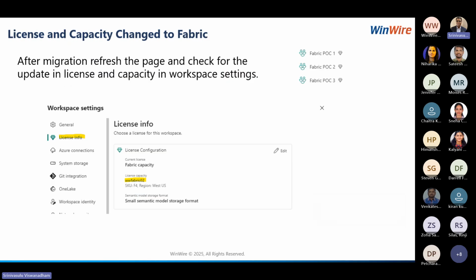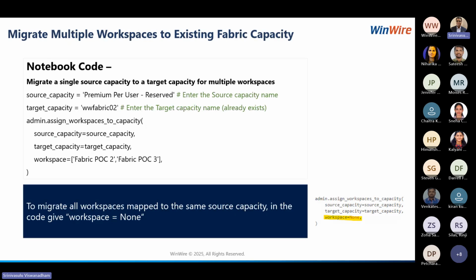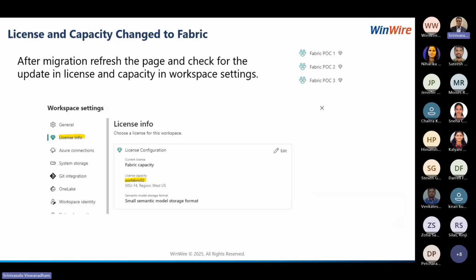Now, how do you verify whether my migration is a success or not? I have executed the notebook and everything looks good and green, but how do I make sure my migration is successful? You would go back to the same workspaces.